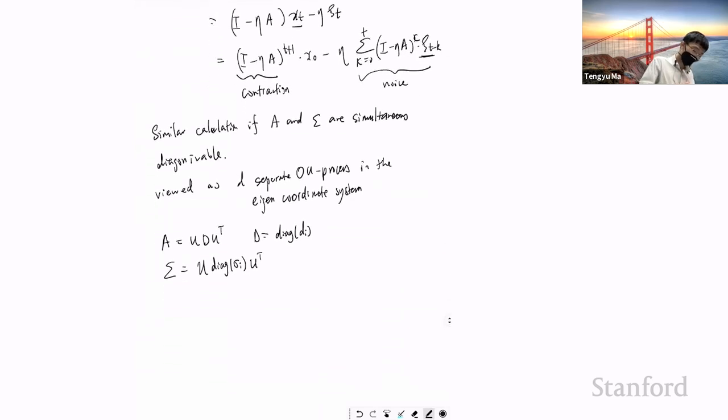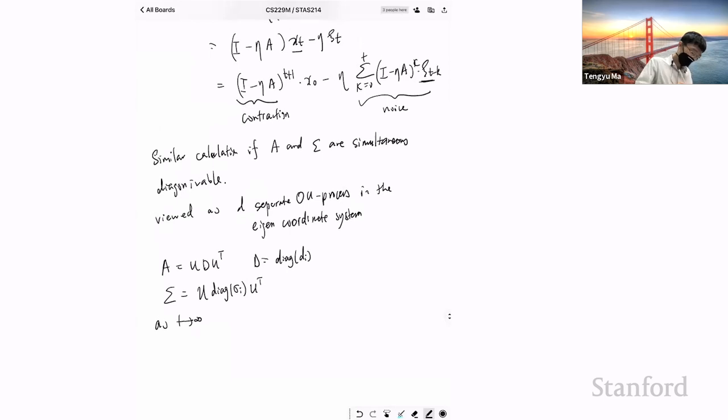Then as t goes to infinity, x_t roughly comes from a Gaussian with mean 0, because the initial part got contracted, and you can look at the variance, which looks like the sum of (1 minus eta A) to the power k times Σ times (1 minus eta A) to the power k.